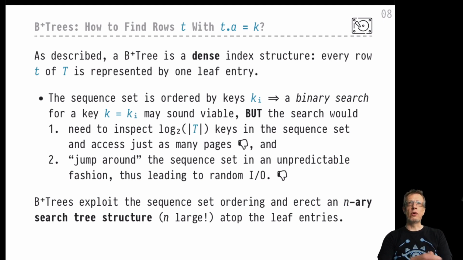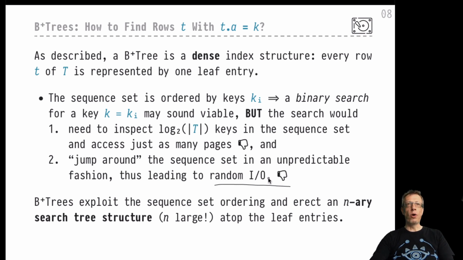That's also very bad. This means that we need to inspect as many pages as we need to inspect keys during this binary search, and this means lots of I/O in random fashion. This is something that we rather try to avoid.